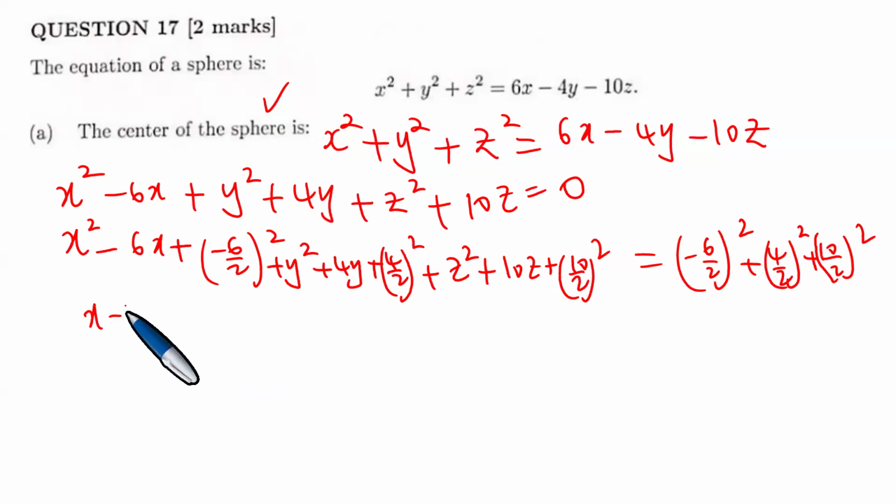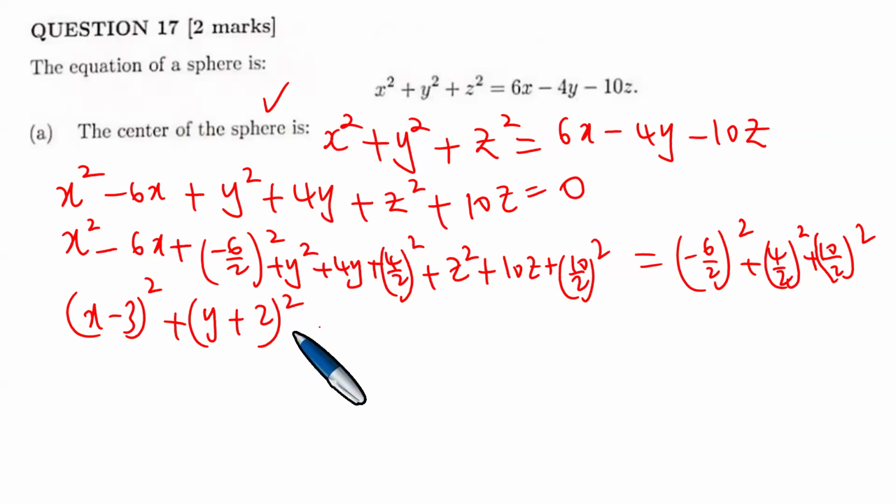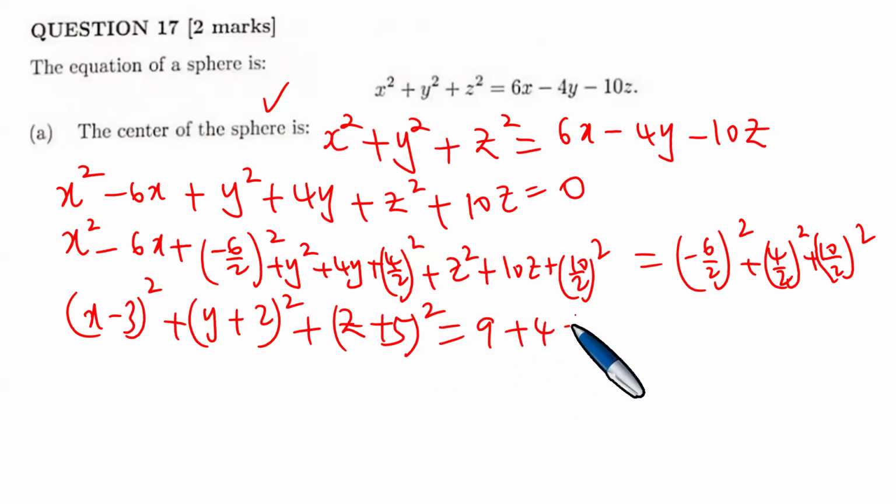So you have x minus 3 squared, y plus 2, you square this, z plus 5, and we square that. So that you have a 9, a 4, and a 25.